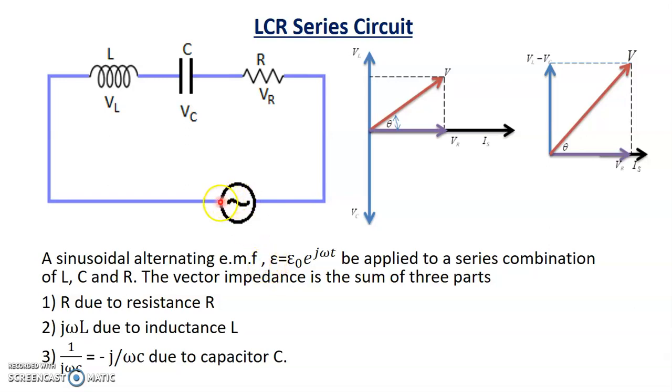The total resistance due to LCR is the sum of the three components: one, resistance due to resistor R, and j omega L due to inductance L, and 1 over j omega C, which is minus j over omega C, that is due to the capacitance.